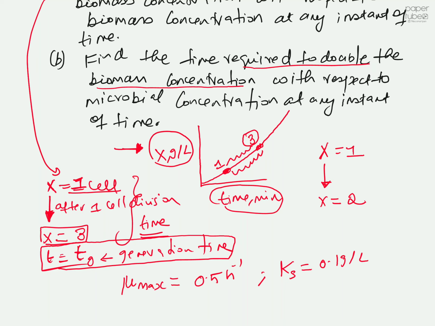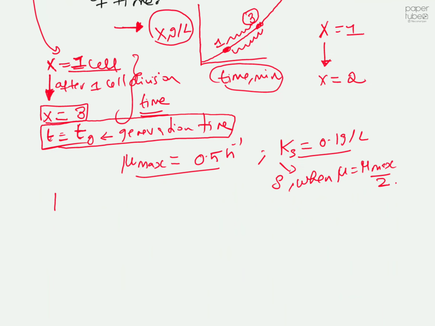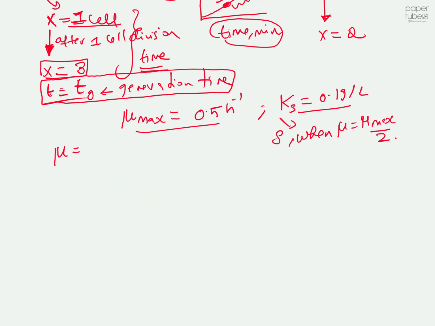So Ks equals the substrate concentration when mu equals mu max by 2. How to solve this problem? If we have mu max and Ks, then obviously we can calculate the specific growth rate using the Monod expression, mu equals mu max times S divided by Ks plus S.